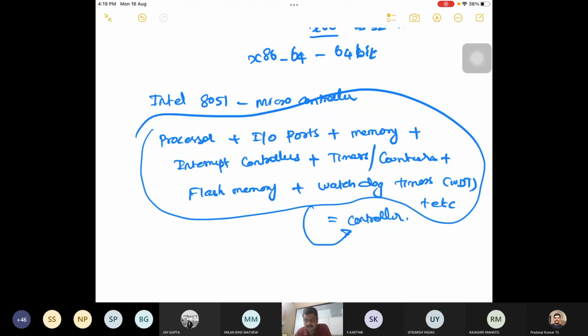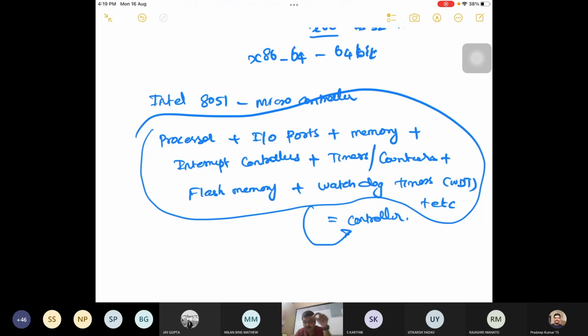But Intel 8086, the Intel processors still now, i5, i7, i9, are called processors, not controllers, because the processor comes separately, the interrupt controller comes separately, the IO ports come separately, so everything is separate on a motherboard. Whereas in embedded systems, everything comes on board.